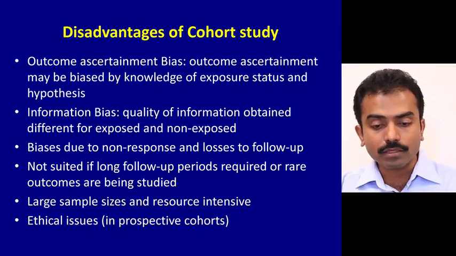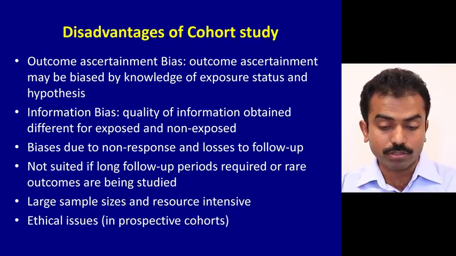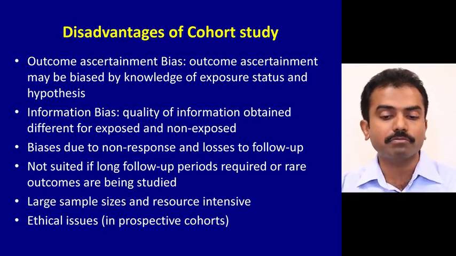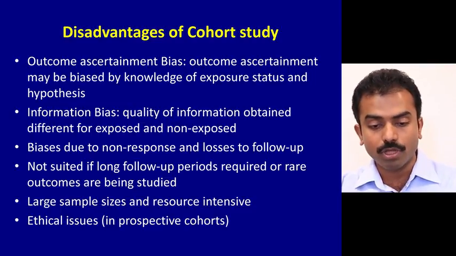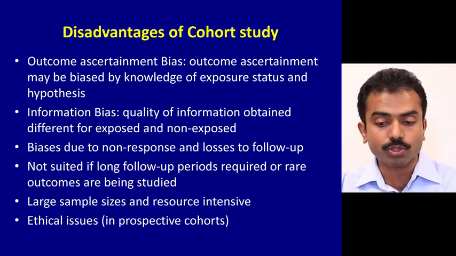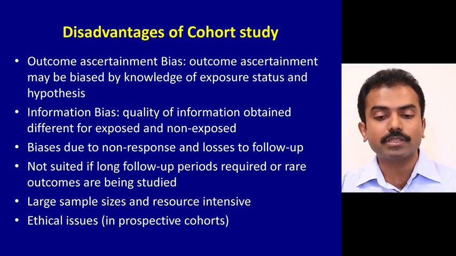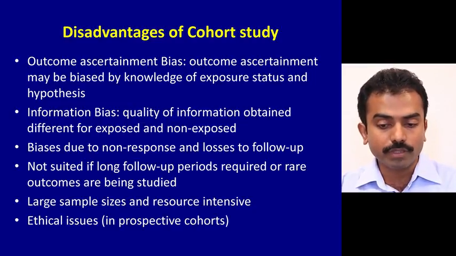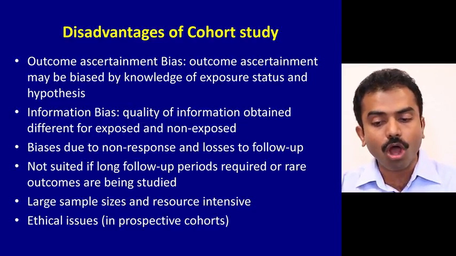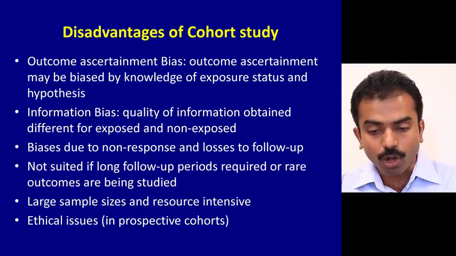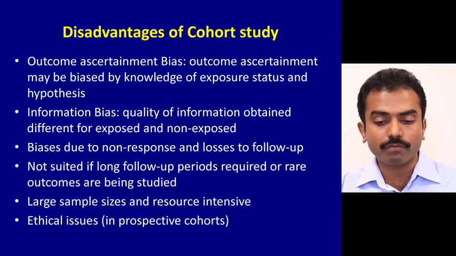There could also be other biases due to the quality of information obtained being different for exposed and non-exposed, or due to non-response and losses to follow-up. Loss to follow-up is one of the biggest problems with any cohort design. Especially if there is a long follow-up to be done, 10 years, 15 years, there will be a lot of people who are lost to follow-up along the way, and that causes severe problems in internal validity.